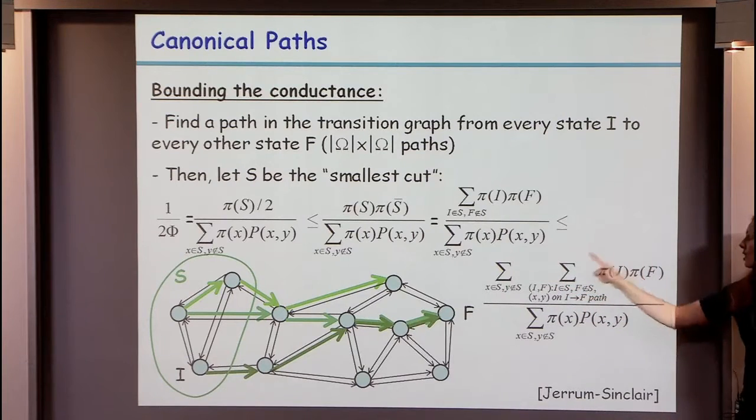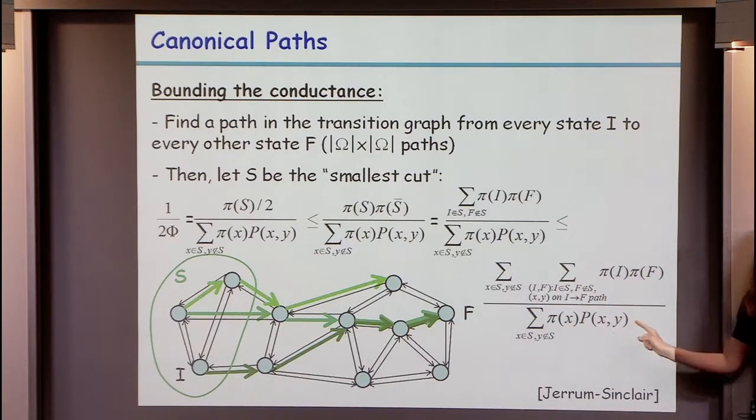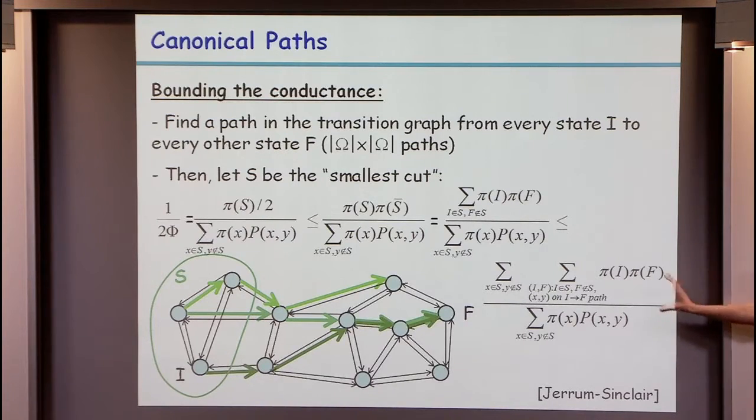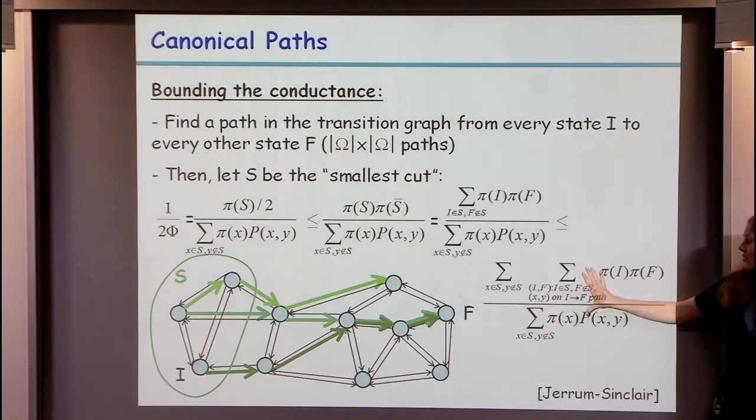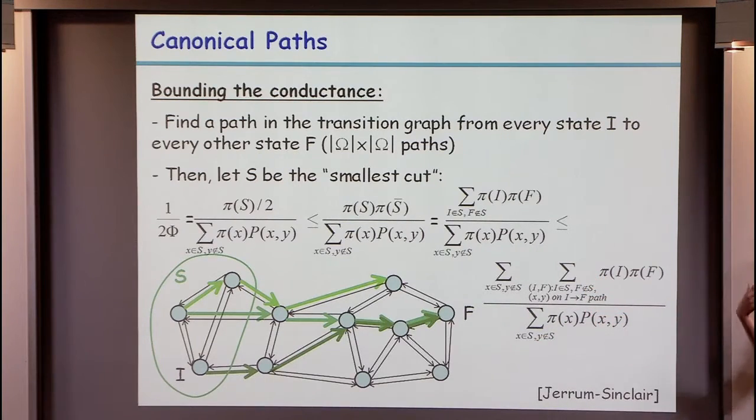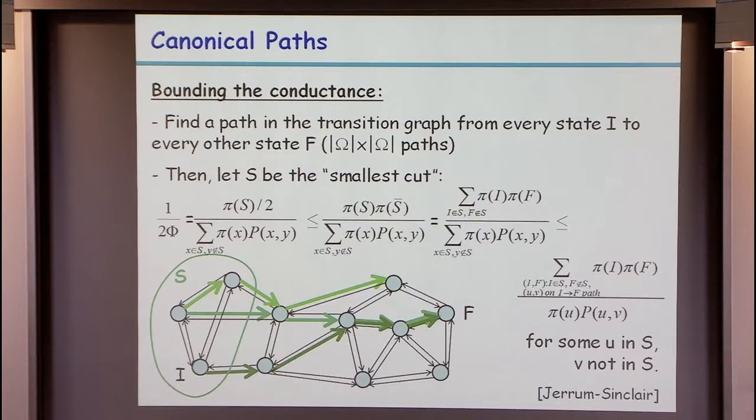I'm just going to take the ratio of this and this component, and by the averaging argument, I know that there's going to be an xy pair, xy, such that this ratio is bigger than or equal to the average. So this is what I get.